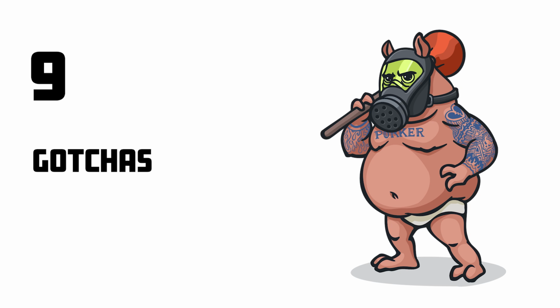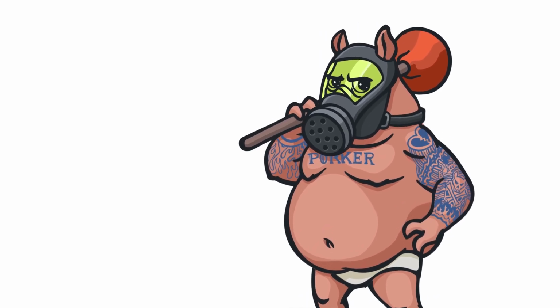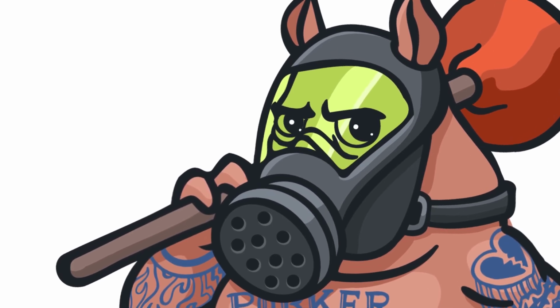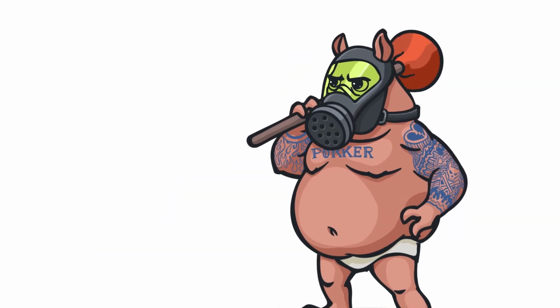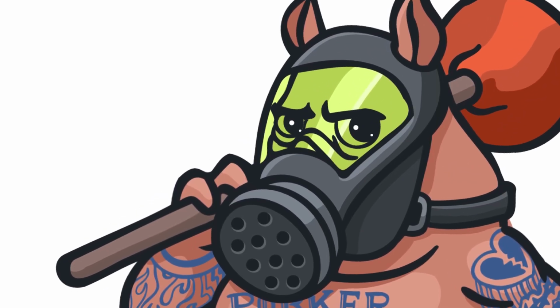Now, just a couple of gotchas for those of you who stayed with me for the whole time. Appreciate that. You'll notice that in the end, this vector animation stayed super clean and crisp throughout the whole thing.